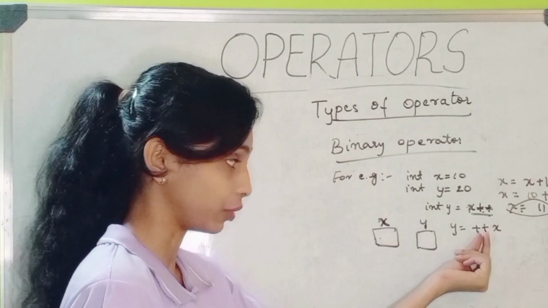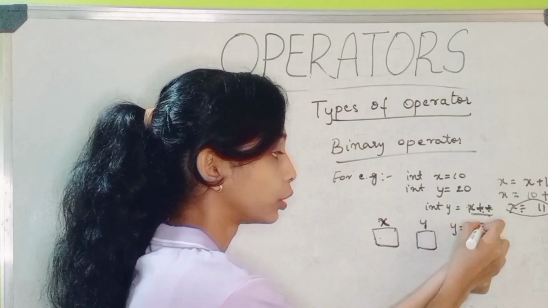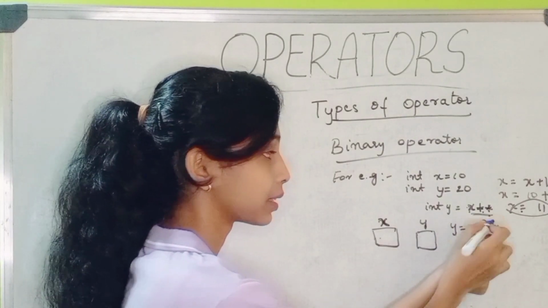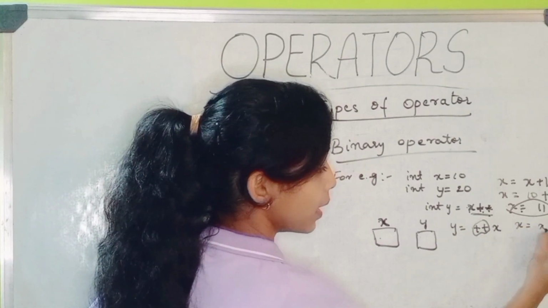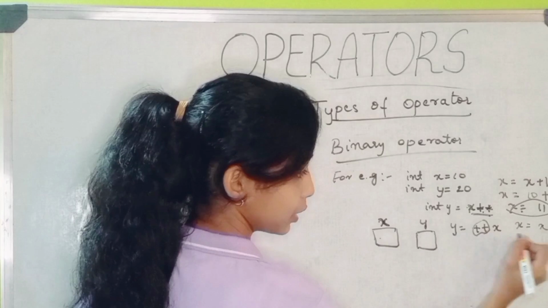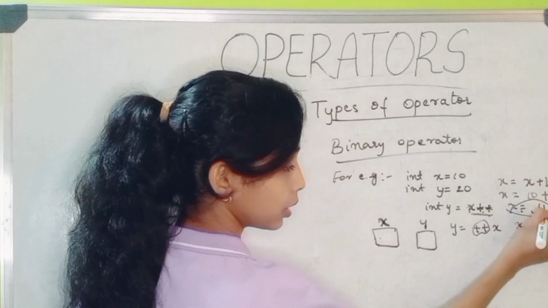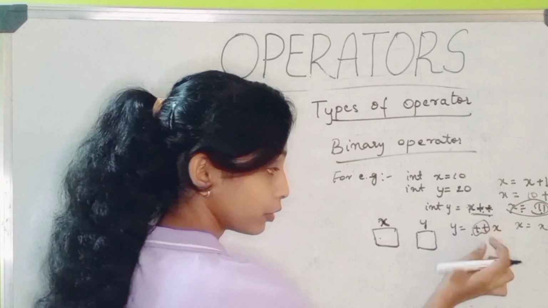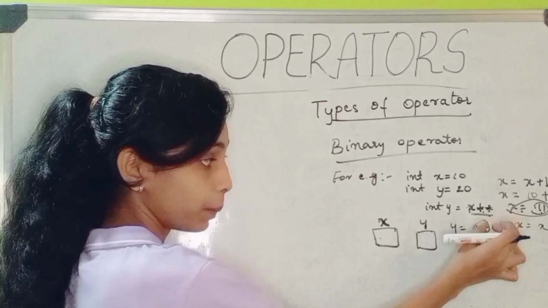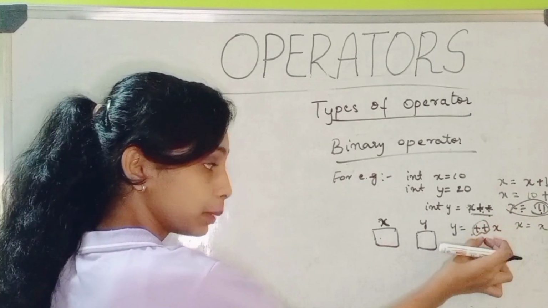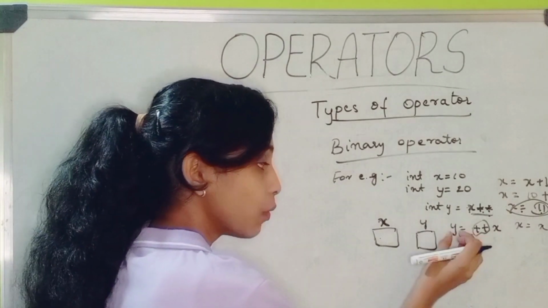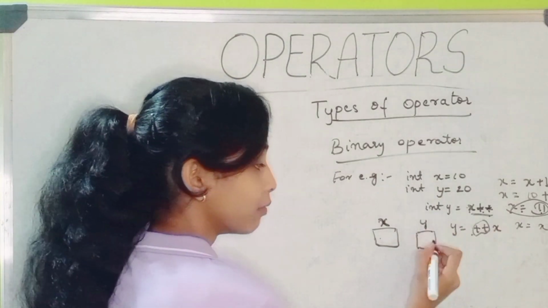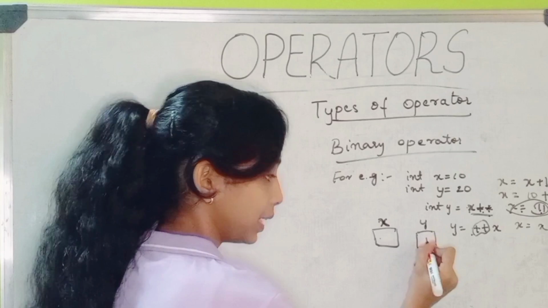x has a prefix, so in y is equal to plus plus x, since it is an increment operator, x is equal to x plus 1, which is 11. The value of the prefix increment gets stored in y, so the value of y will be 11.